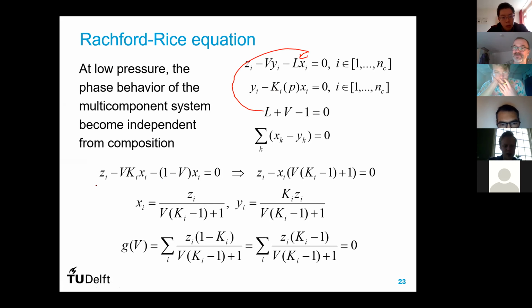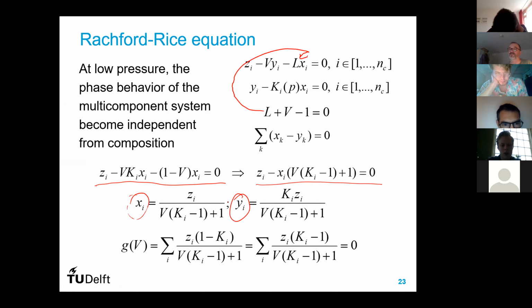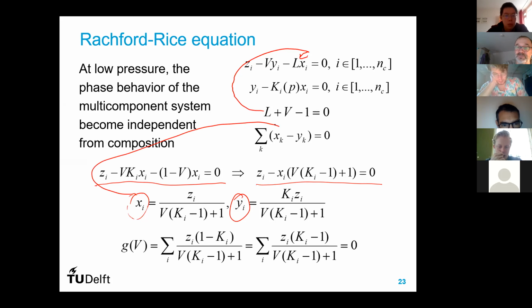Now you have just this guy depends on V. You rearrange and you have X and Y as a function of V when Z and K are input. And now what you do, you substitute this guy here and this guy here, and you've got a single equation.